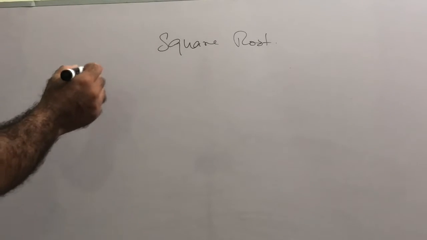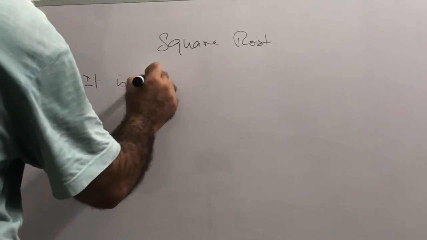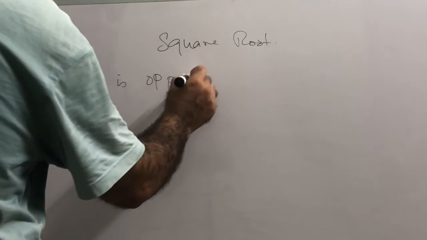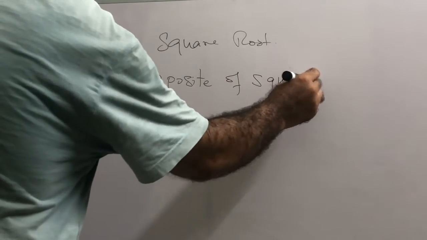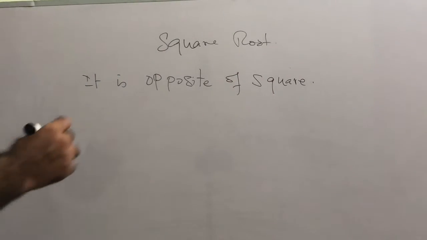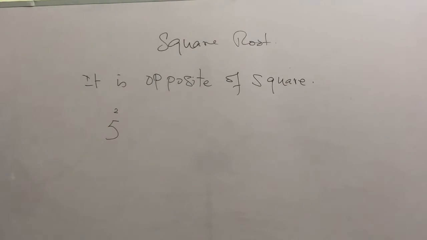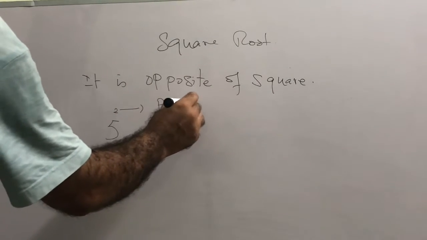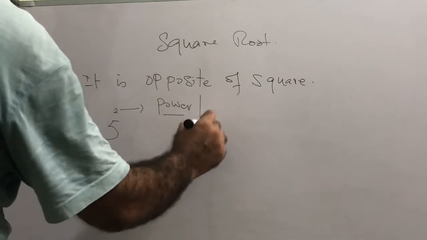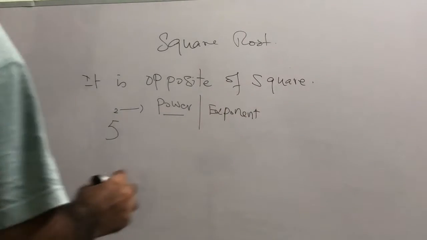Square root. First of all, it is the opposite of square. You know what a square is. If it is 5 and a small 2 is written on it, we say this is a power, or we say that it is an exponent.